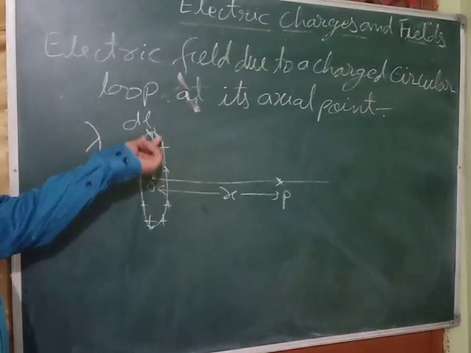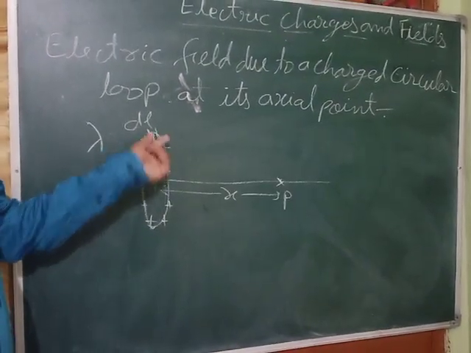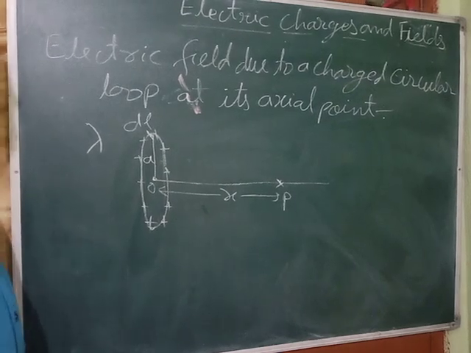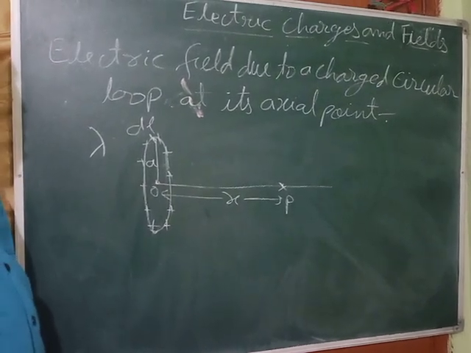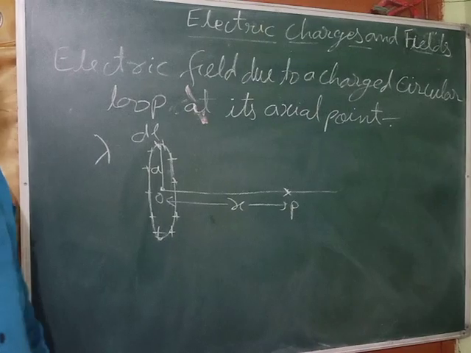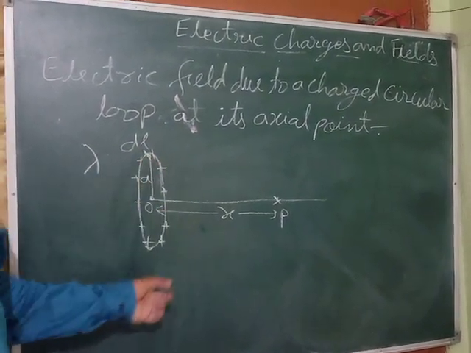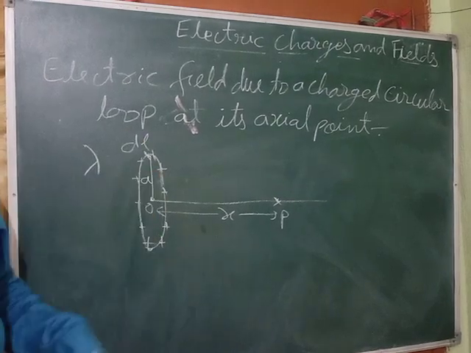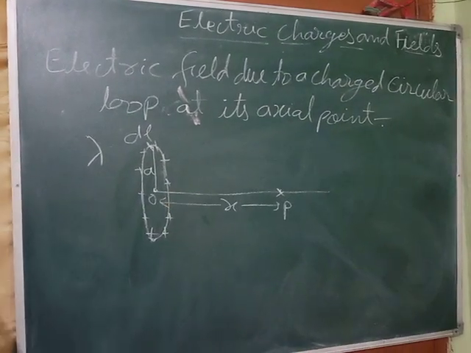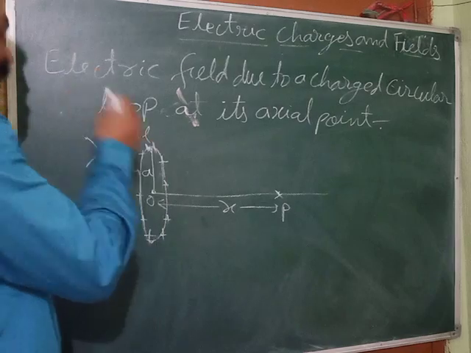Here I have taken a small length dl, because our formulas for electric field as well as for force are both applicable for point charges, but this is an extended charge. So we have to divide this extended charged body into point charges so that we can apply our formula. So I have taken a small part dl.